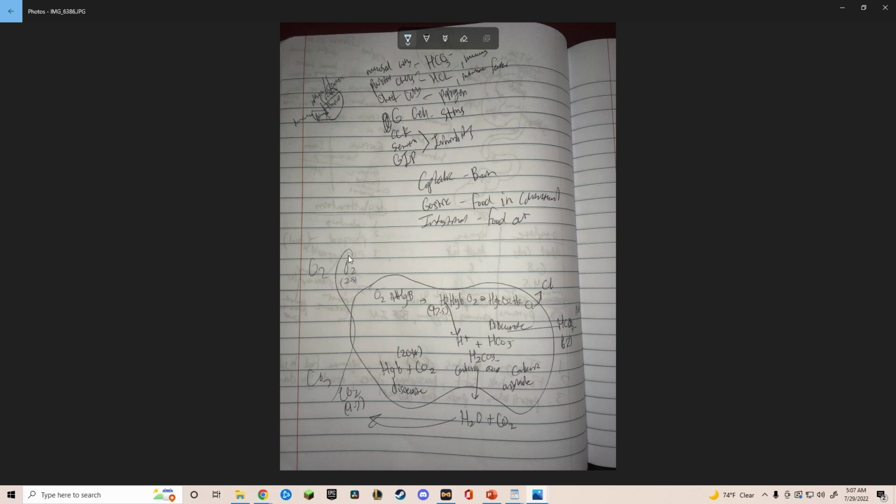Okay, so the majority of the O2 diffusing into the cell would be through oxyhemoglobin, which is 97%. About 2% would just diffuse into the plasma over here.